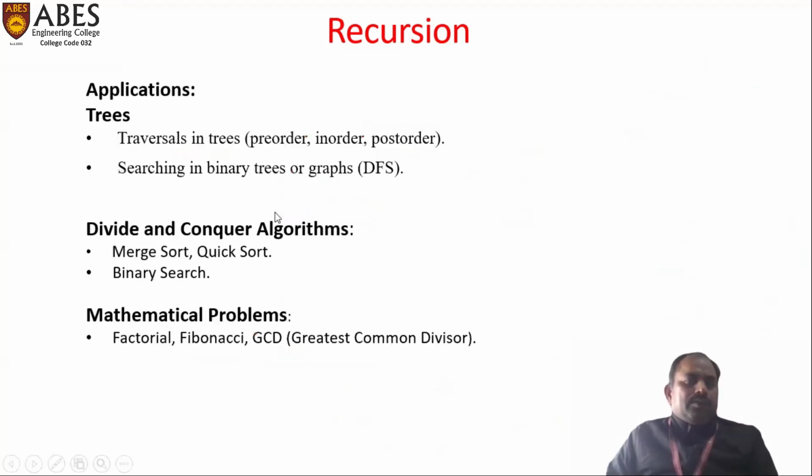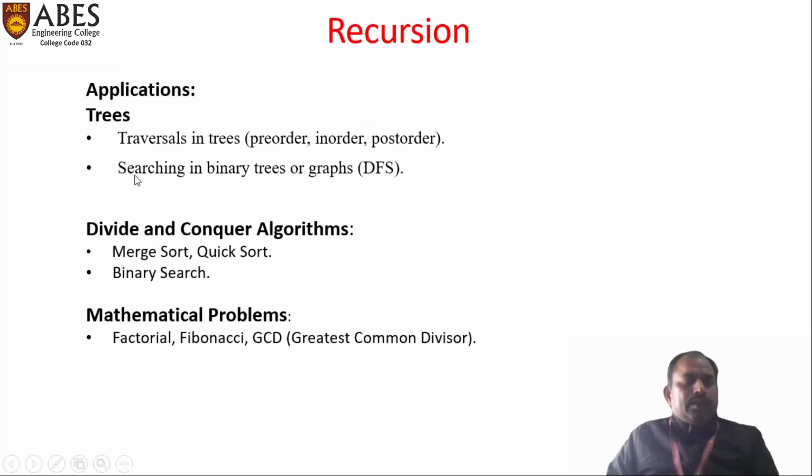Now, there are many applications of recursion in data structures. While solving traversal problems, we can apply recursion in traversing binary trees, where we can see recursive functions for pre-order, in-order, and post-order traversal.